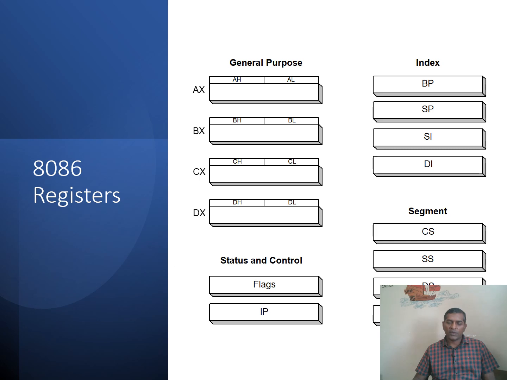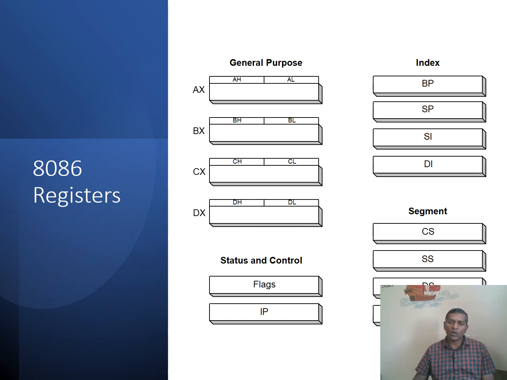Now we will see what registers are available. The registers available are general purpose registers, index registers, segment registers, and status and control registers. The segment registers we have seen, they hold the addresses of the code segment, stack segment, data segment and extra segment.